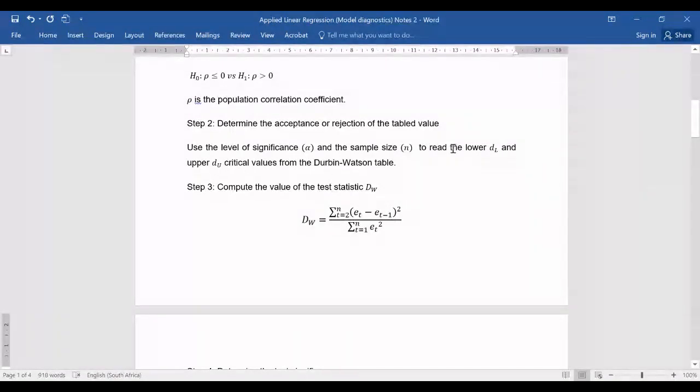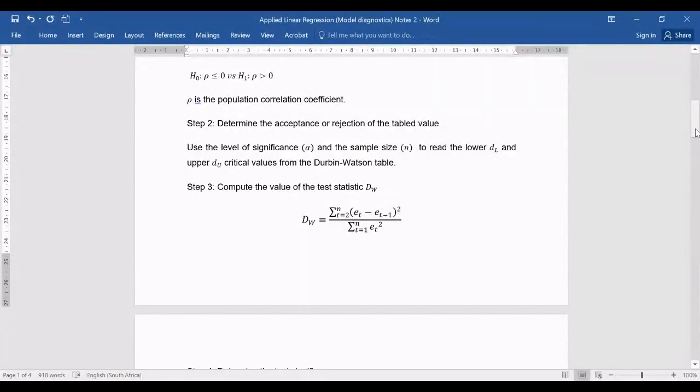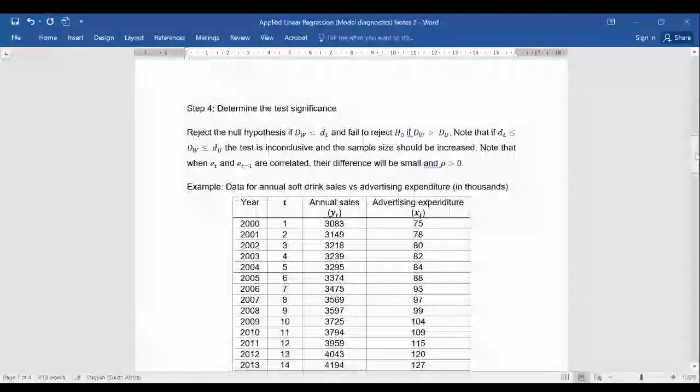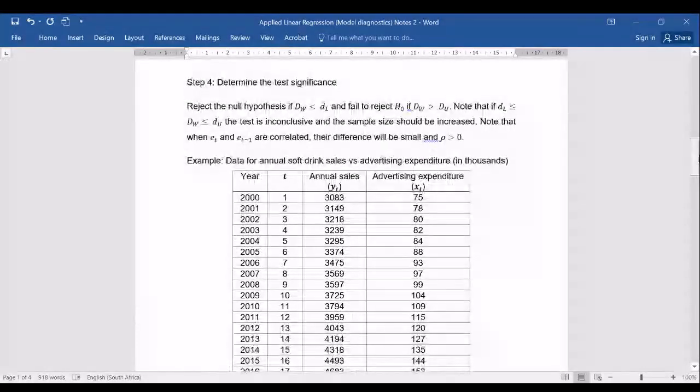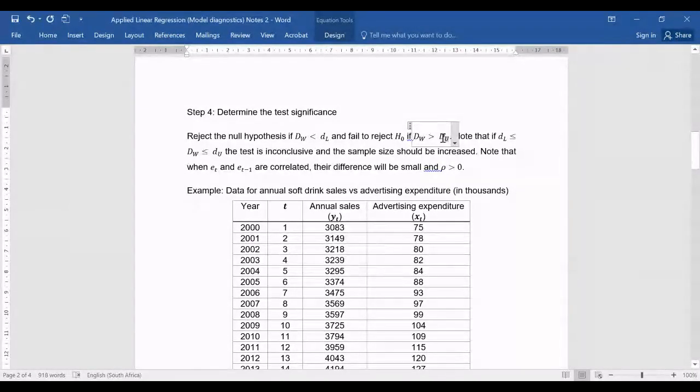I said we are going to read 2 values. So if DW is less than DL, then we reject the null hypothesis. And we fail to reject if DW is greater than DL. So we read the 2 values and we use both of them to conclude.